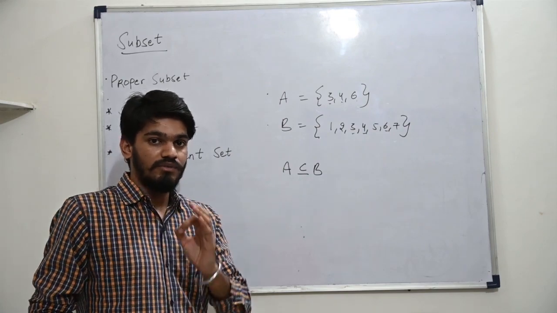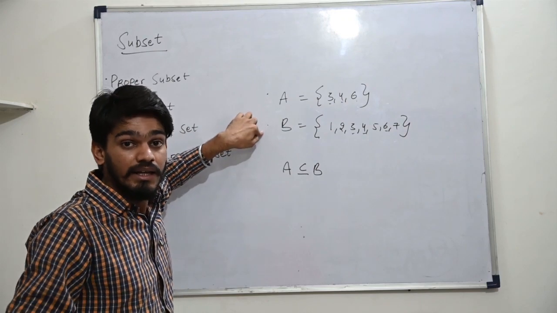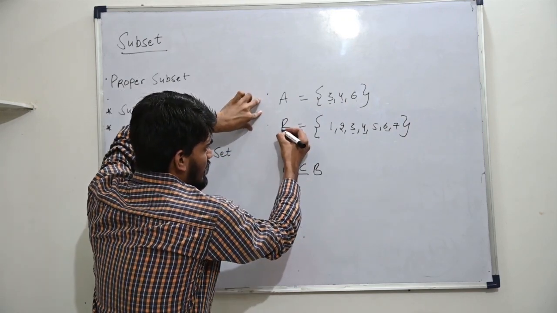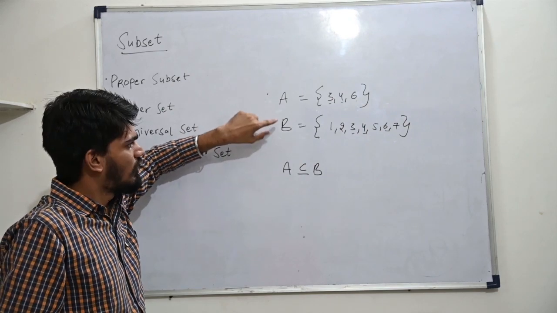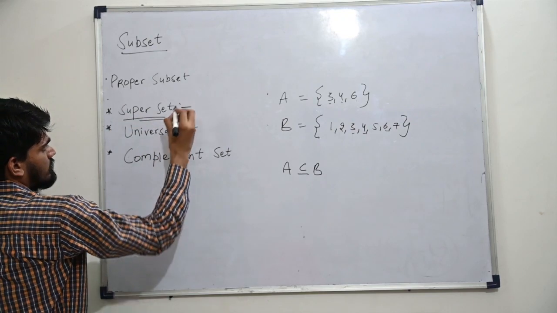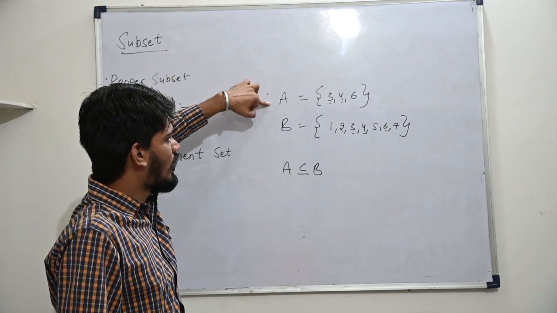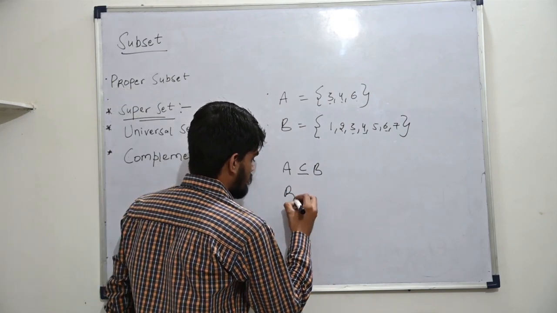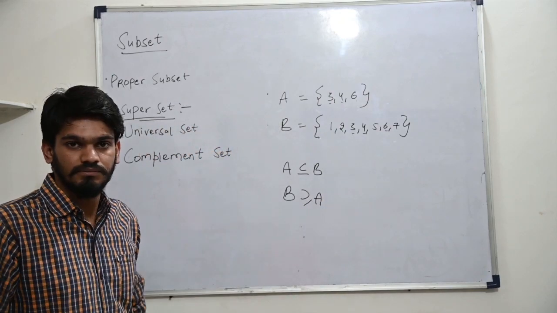Now we will see one more term with this. A is a subset of set B. In this case, set B will be known as the superset of set A. Set B is a superset of set A. And how are we going to denote that? With this sign.